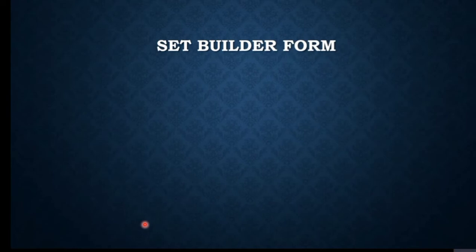Next one is set builder form. Before going to the set builder form, I give one simple example for you. Suppose we are asked to write the set of whole numbers between 0 and 10,000.